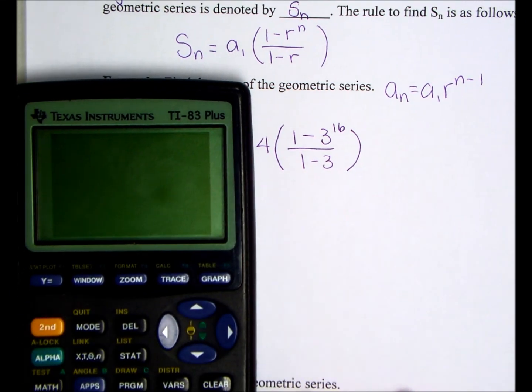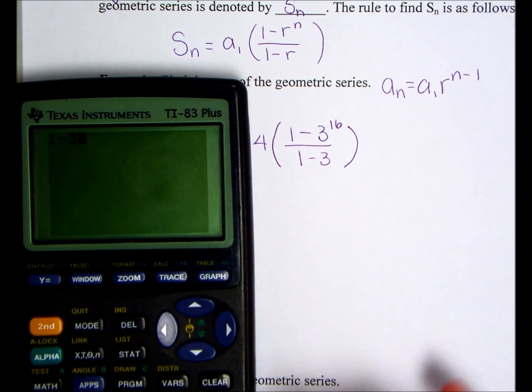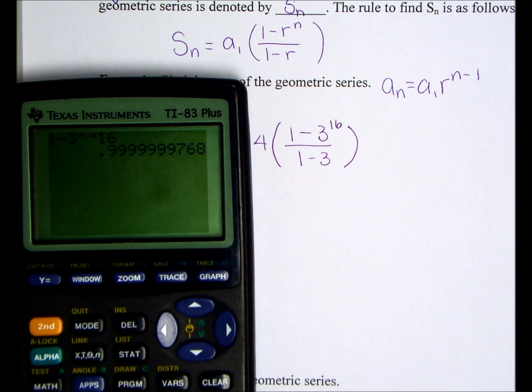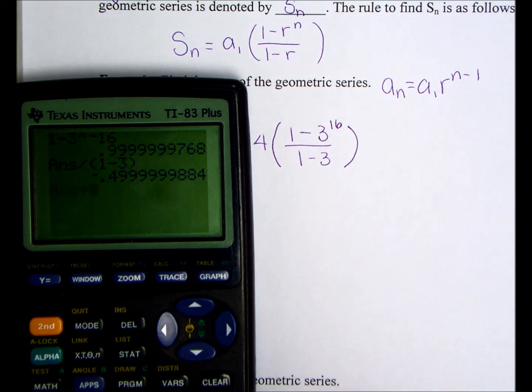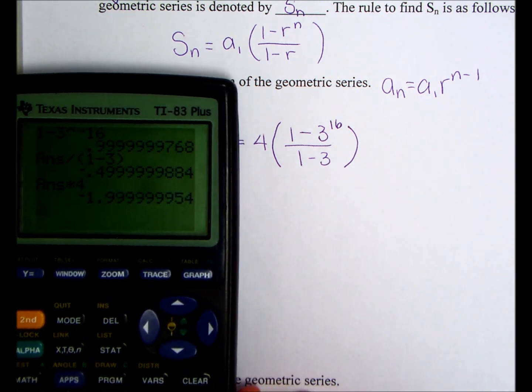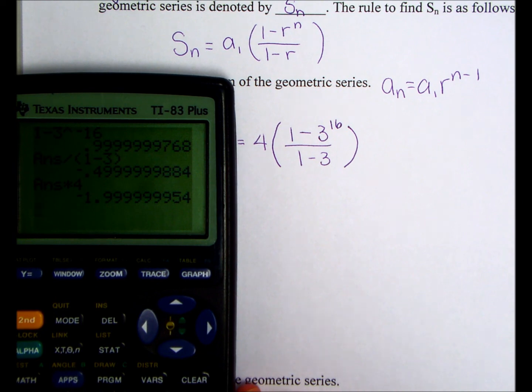So I'm going to say 1 minus 3 to the 16th power. Okay, that's a very small number. But I'm going to divide that by 1 minus 3, so I'm going to divide that by negative 2. And then the last thing I want to do is multiply it by 4. So I get negative 1.999954.